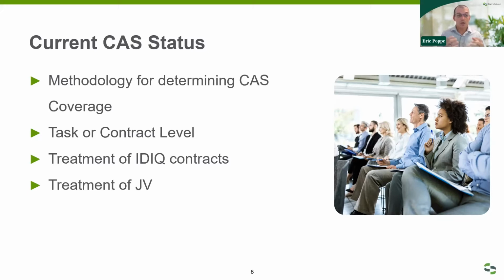So CAS coverage applies to the contract again. If the JV wins that contract, the JV would be the one disclosing its cost accounting practices, which might flow up to the partners and their underlying agreements. But again, CAS status follows that JV.